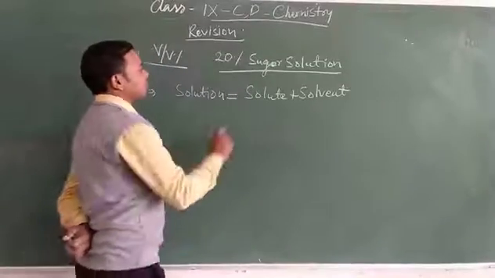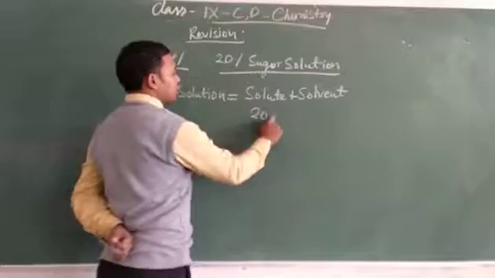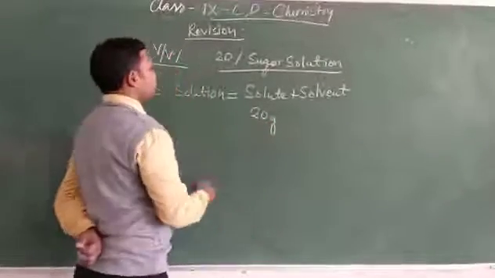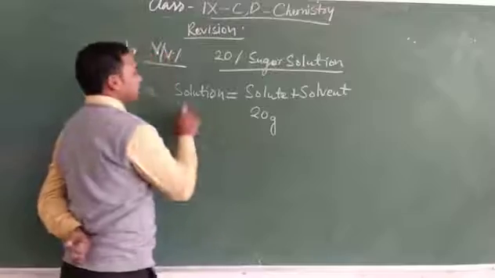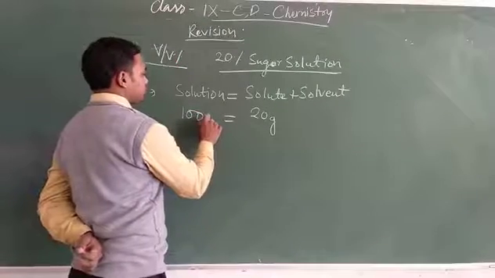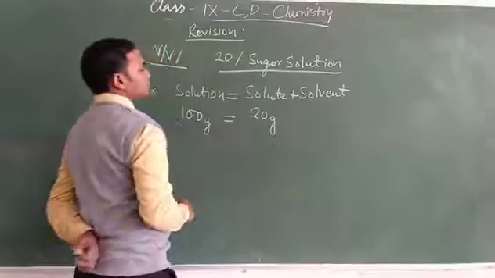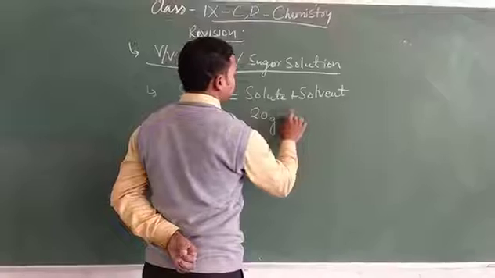So here is 20 gram. Suppose that 20 gram solute or 20 gram sugar is added in 100 gram solution. So what will be the solvent?